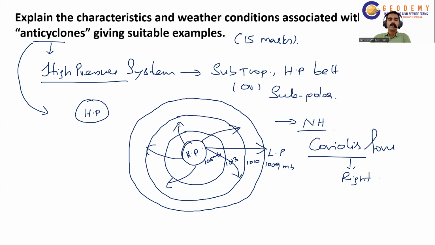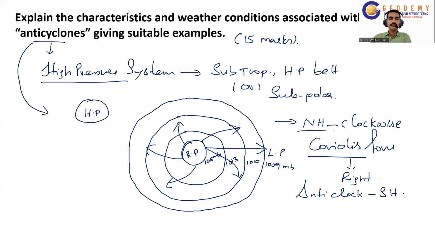So the circulation will be clockwise in the northern hemisphere and anti-clockwise in the southern hemisphere due to the Coriolis force. This is one of the characteristics.